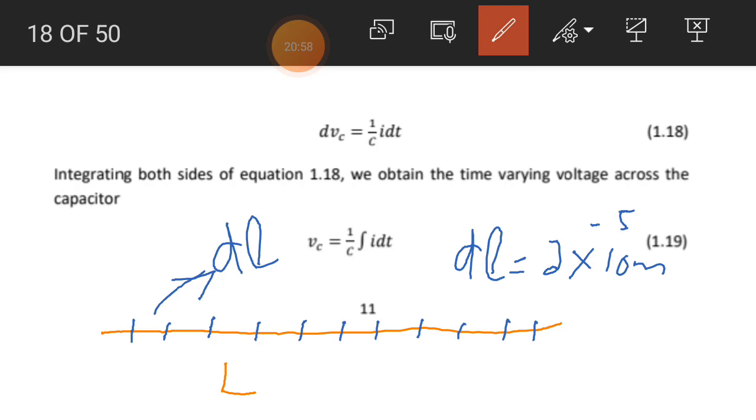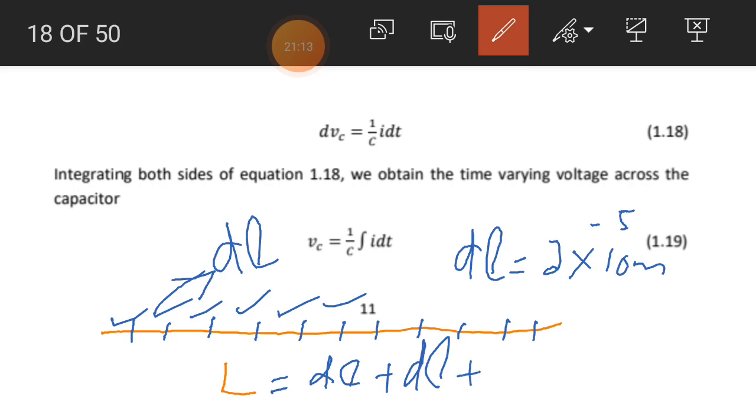If you want to find the total length of this line, you need to add all these differential lengths: dl plus dl plus dl and so on plus dl.